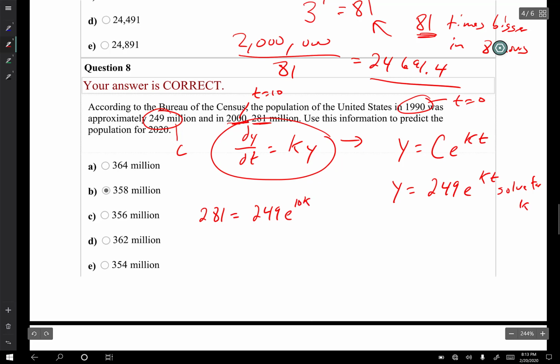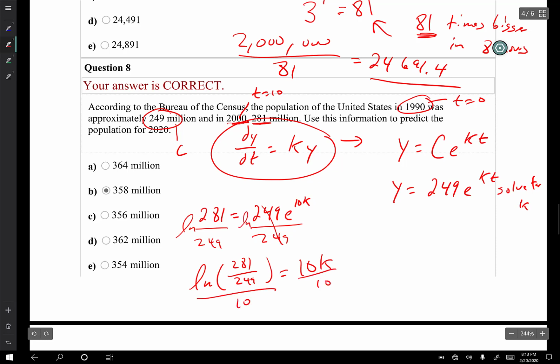I'm going to divide by 249 on both sides, and then take ln on both sides. So I'm going to have ln of 281 over 249 equals 10k. I did ln on both sides, guys.